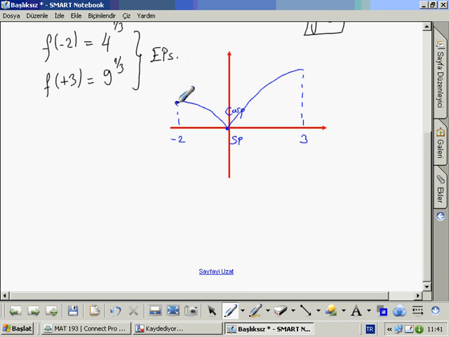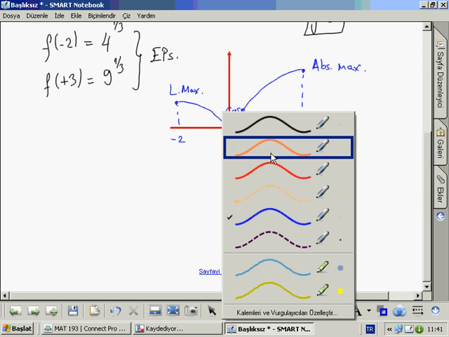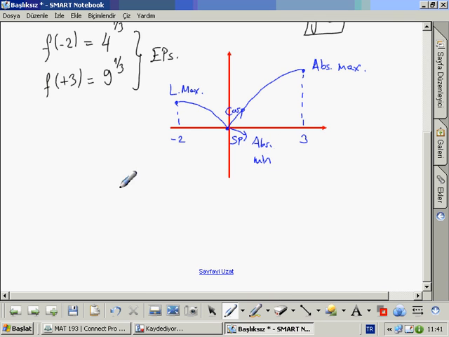This point is local maximum, and this point is absolute maximum, and we know that this point is absolute minimum. Now we remember this graph again.